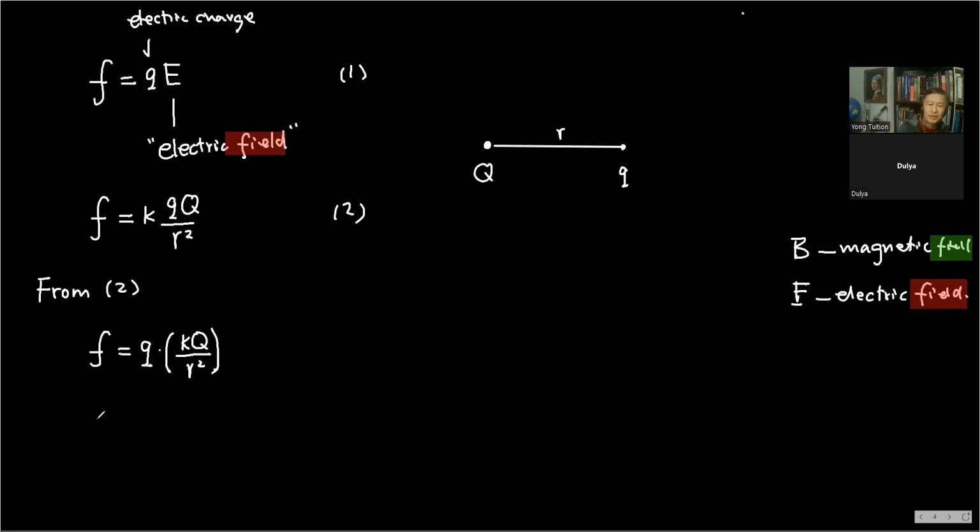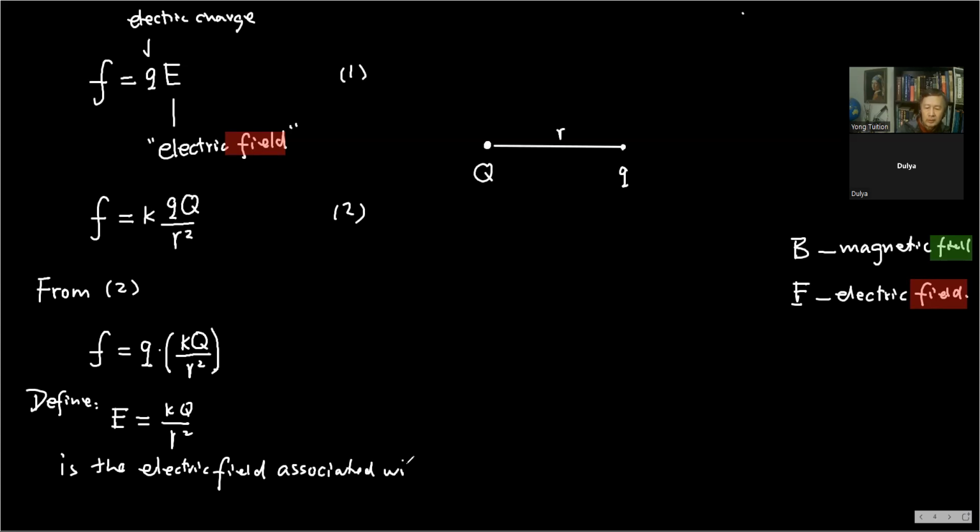Then we define that E equal to KQ divided by r squared is the electrical field associated with capital Q. So the field is just the space property of the charge.